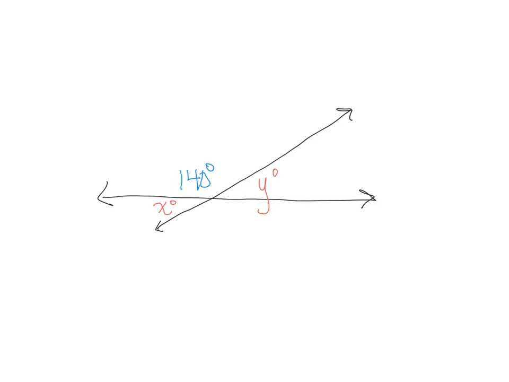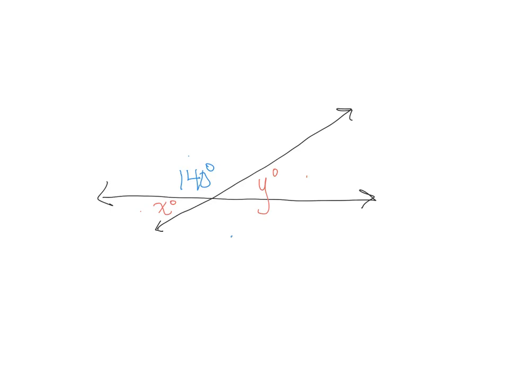maybe something like this, where you have these 2 lines that intersect and they create 4 angles. One that's 140 degrees. There's one diagonal to it. That would be its vertical angle. And then these 2 red angles are also vertical angles. So that created those 4 angles.